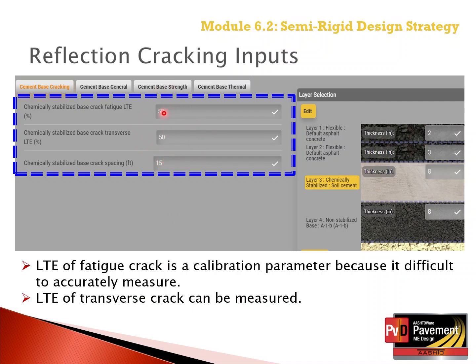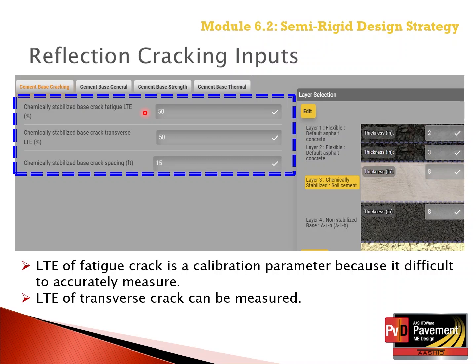The default values are also tied to the crack severity when we get to rehabilitation in modules 8 and 9. But these are for semi-rigid pavements when it's a new semi-rigid pavement. So these are default values that are included in the program, but certainly the designer can change them.